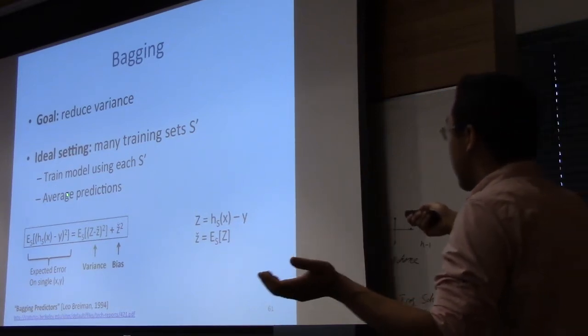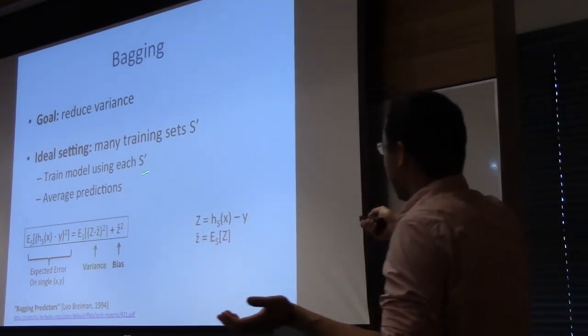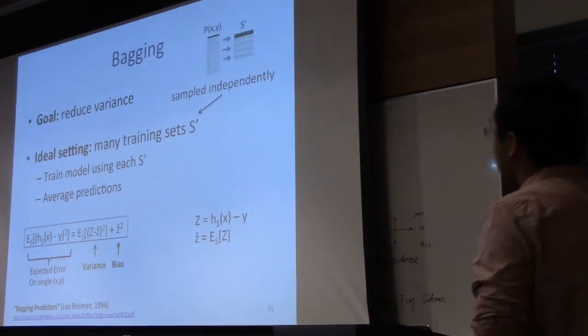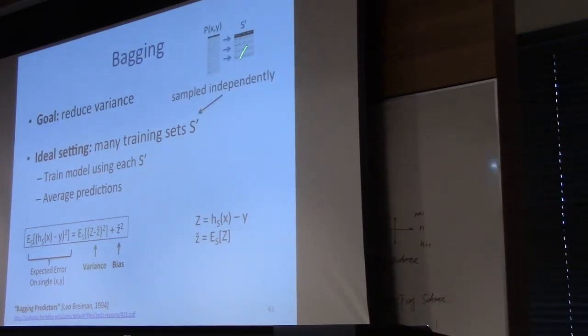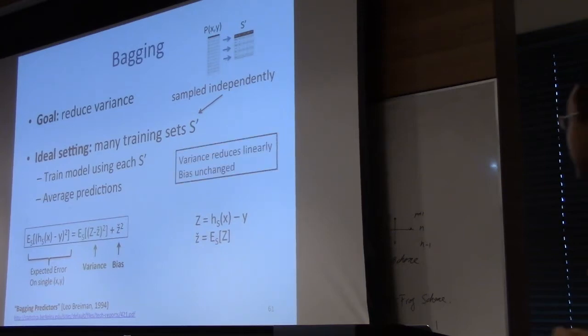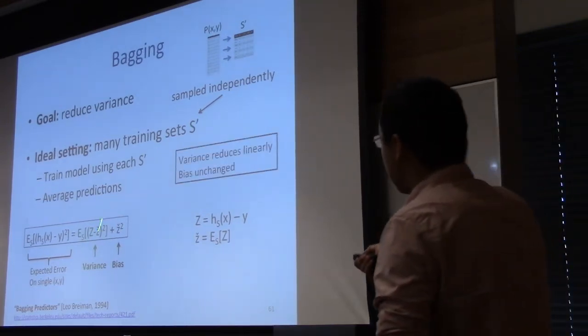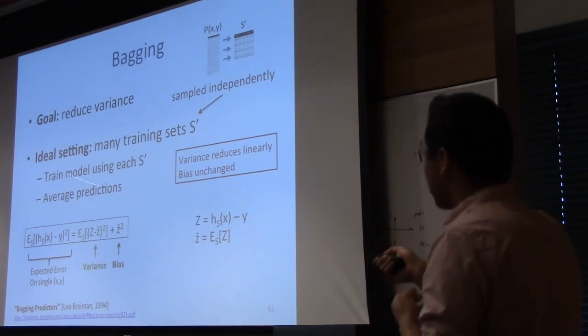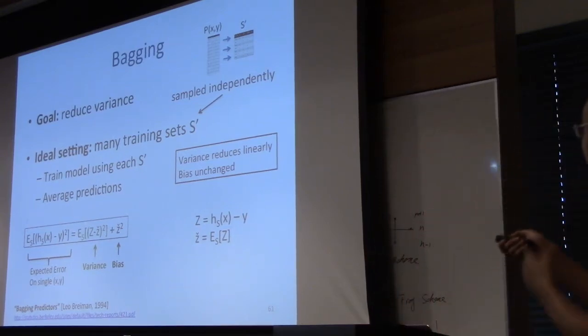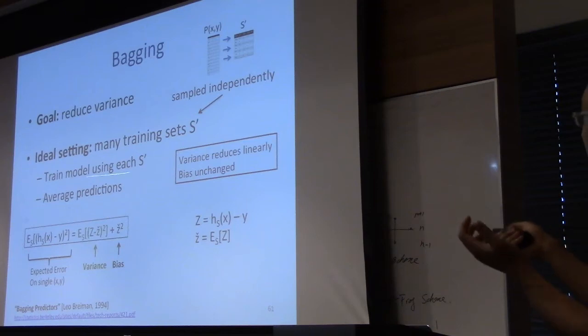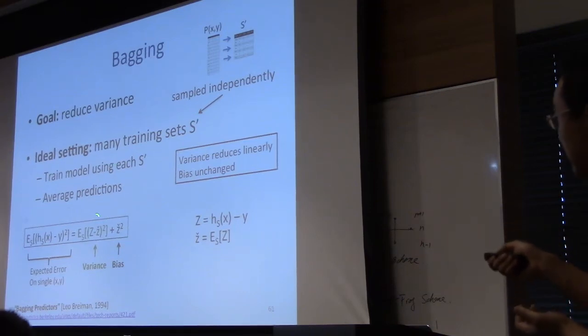We train a predictor on each training set, and then we average their predictions, right? And if these training sets are sampled independently from the test distribution, then if the model that we train is the average of all these models, we actually reduce the variance while leaving the bias unchanged.